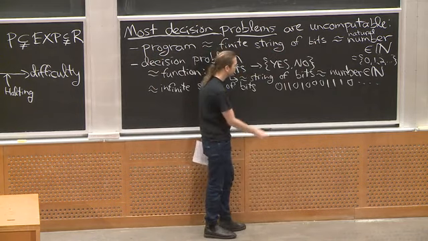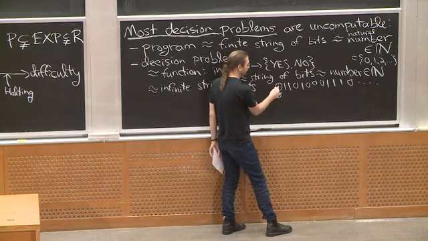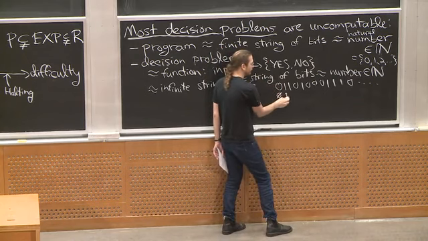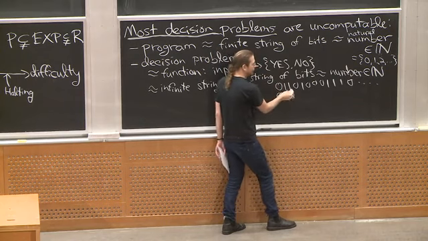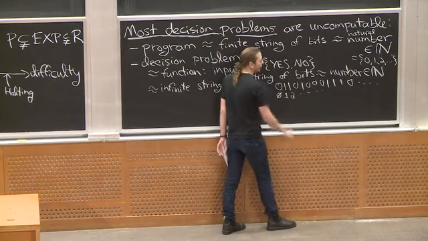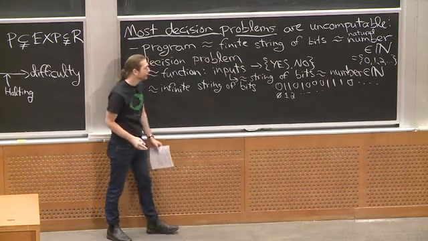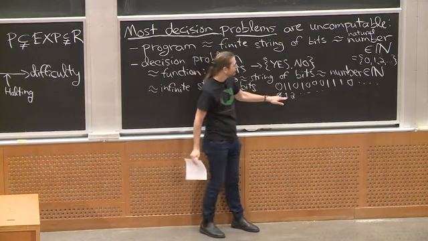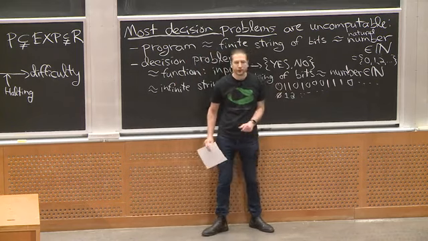If your input is the number 0, here's the answer, no. If your input is the number 1, then the answer is yes. If your input is the number 2, your answer is yes, and so on down this line. Every infinite string of bits corresponds to exactly one decision problem, which specifies for every possible input integer, which corresponds to a string of bits, what the answer is, yes or no.